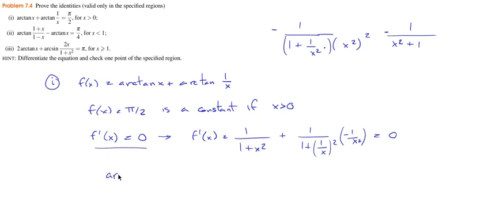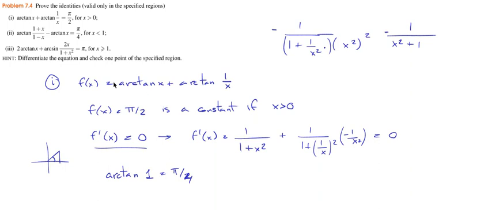I happen to know that the arctangent of 1 is pi over 4, because the angle that makes the tangent be 1 is pi over 4, half a right angle.